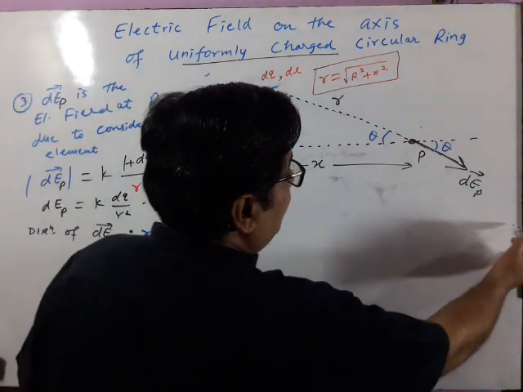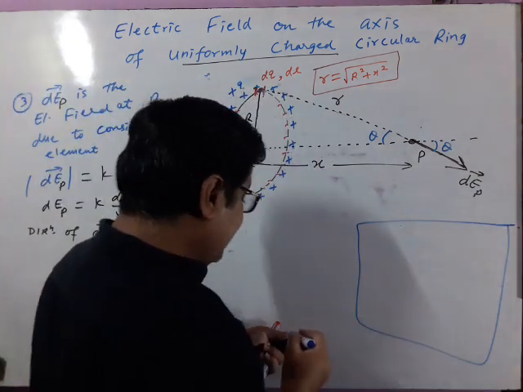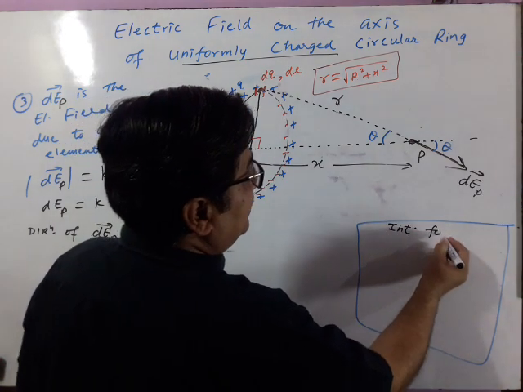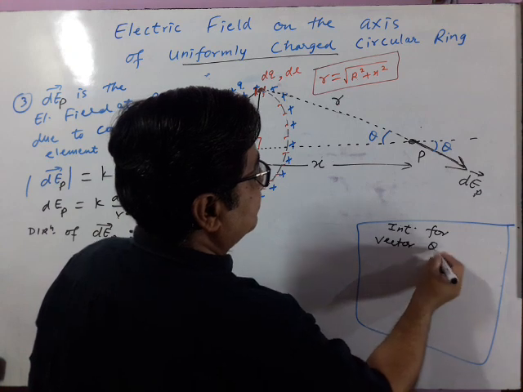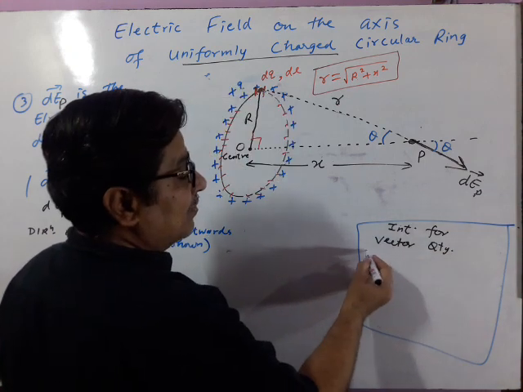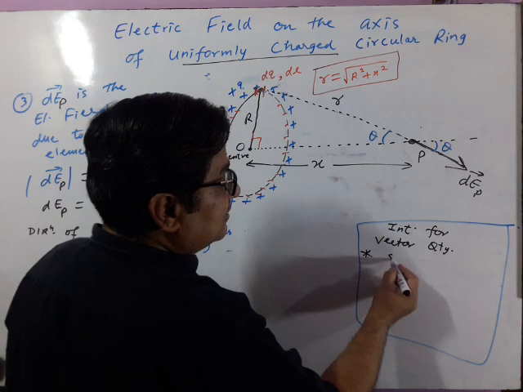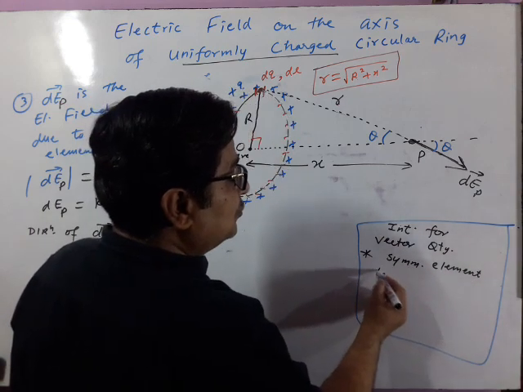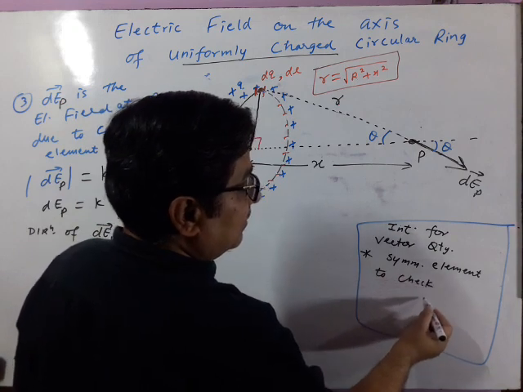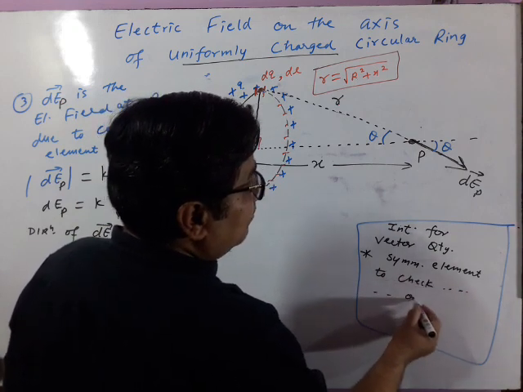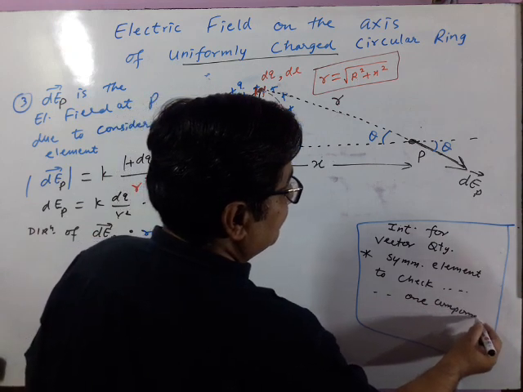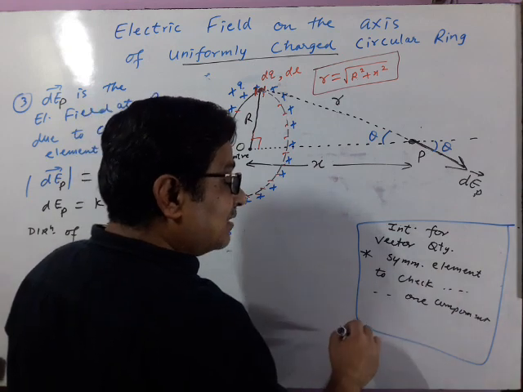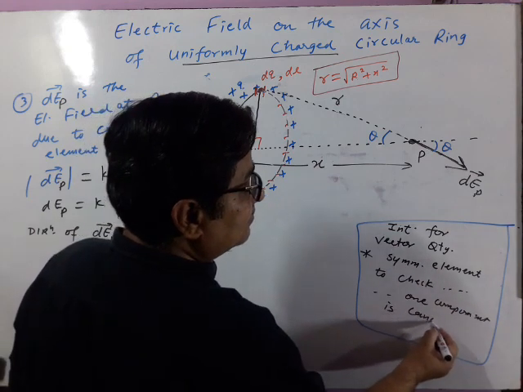Now how to solve numericals based on integration for vector quantities. Integration technique for vector quantity: what to do? You will have to consider a symmetrical element to check whether one component or the whole vector is cancelled or not.